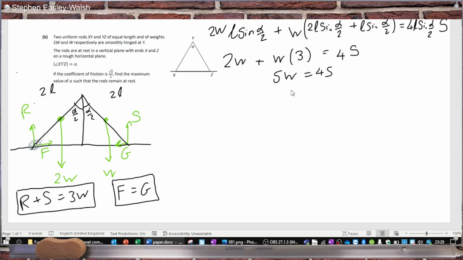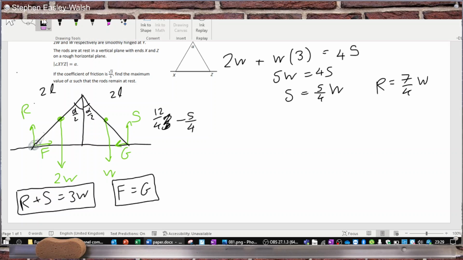So you get S equals 5 over 4W. But remember, R plus S equals 3W. So that means R would equal 3W minus S. 3W minus 5 over 4W. So that's 12 over 4 minus 5 over 4. That's 7 over 4W, I hope.